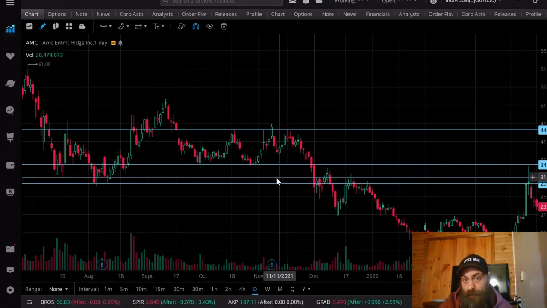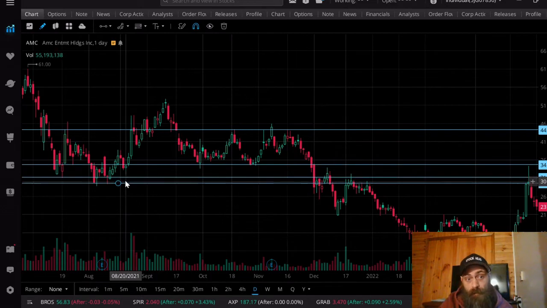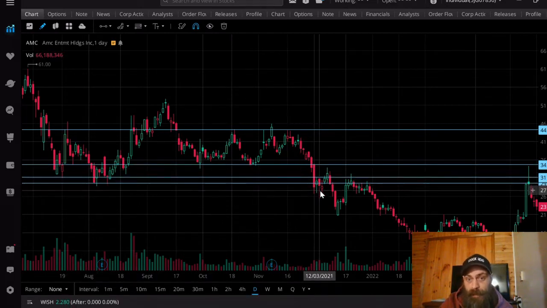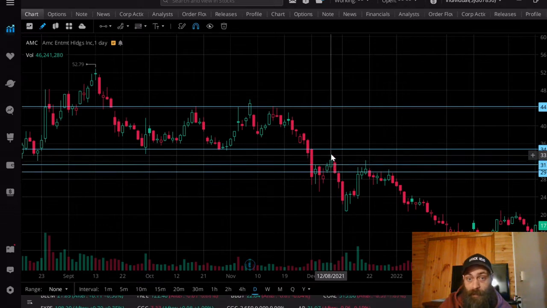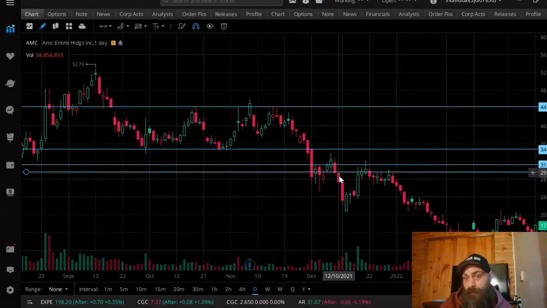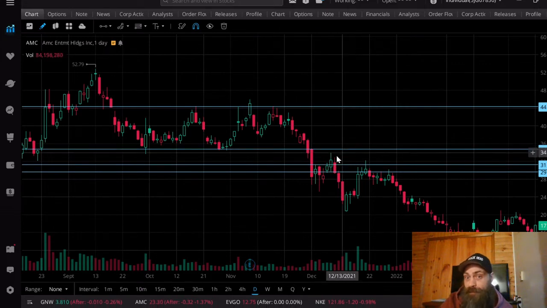But you can see our multiple areas of support that we drew from back here. They are now coming up and testing those. You can see these two candles here have tested this line. It's struggling at this line. It almost even tested this line before pushing back down. So now we have a new line of resistance.